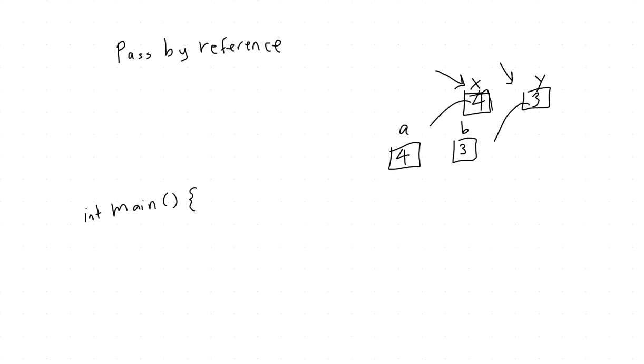So for the swapping function, if you're swapping the values of two variables, you're not actually going to be returning any values because you're making changes directly to the variables. So this would be a void function. And then you want to have a name for your function and specify your parameters.